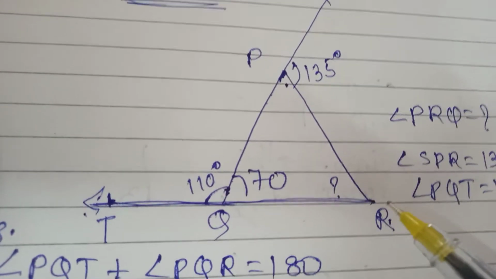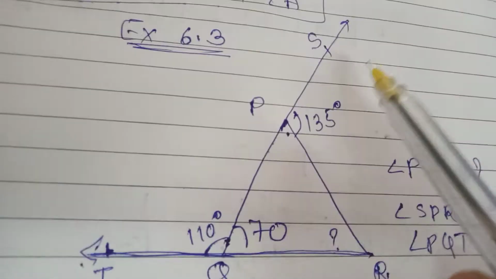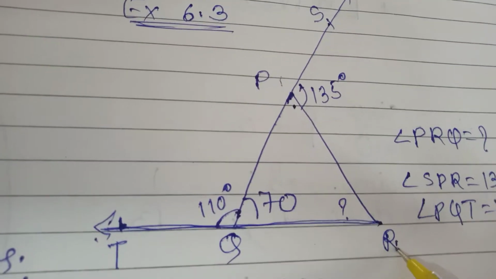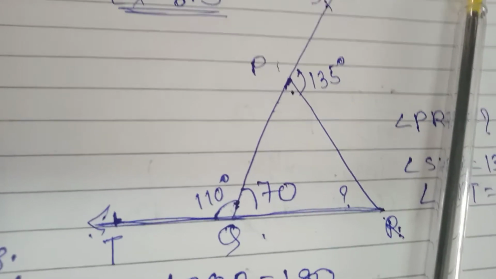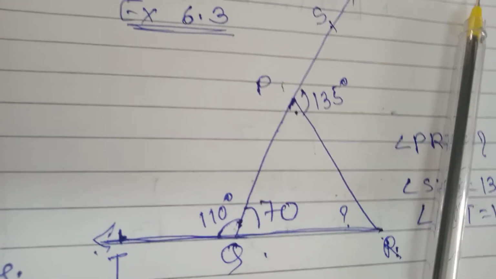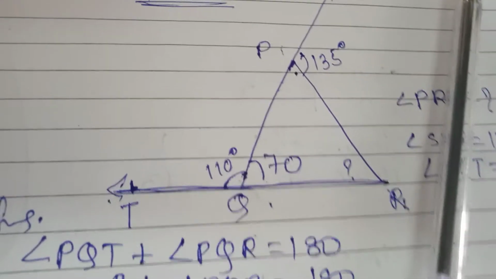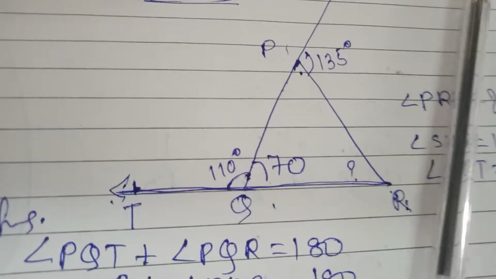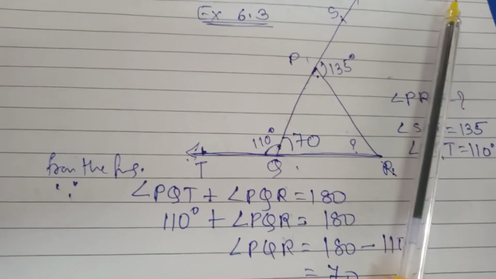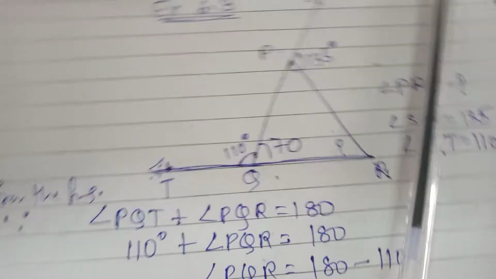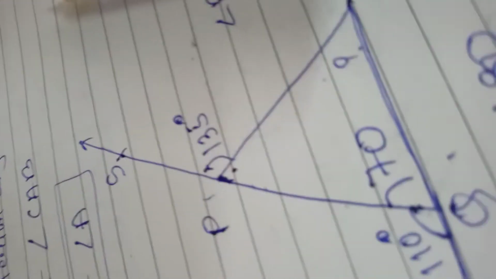Now we are going to use the exterior angle property. You know how? See, this SPR is exterior of Q and R. You can see very clearly. SPR is exterior of QPR. Can you guess? I am giving you the time. You can see there. Yes or no? SPR. Just rotate the mobile and then you will come to know.